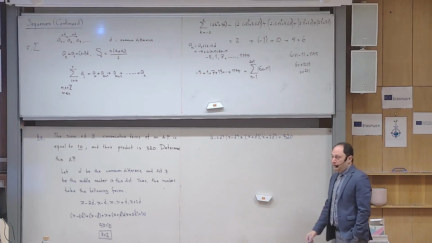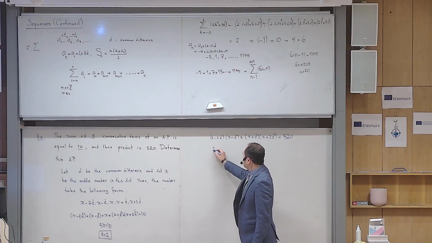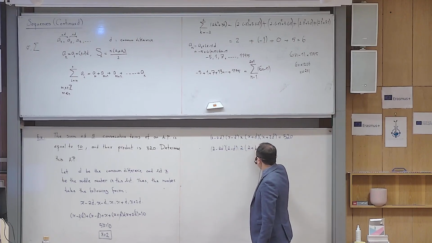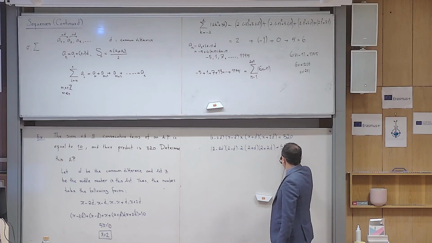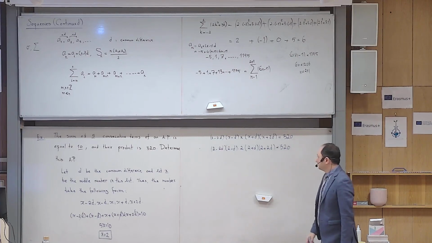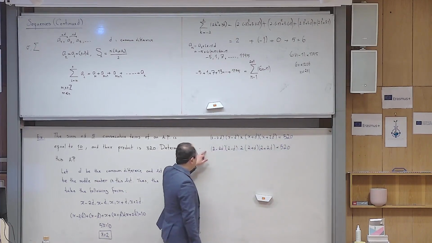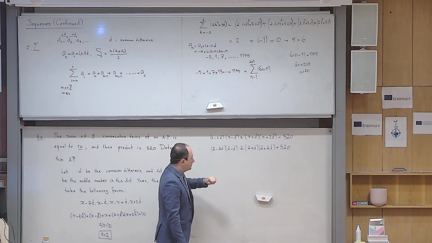But now I already know what X is. So X is 2. So this means 2 minus 2D, 2 minus D, 2, 2 plus D, and 2 plus 2D is equal to 320. But you see that I can factor a 2 out here, which after being multiplied by 2 gives me a factor of 4.